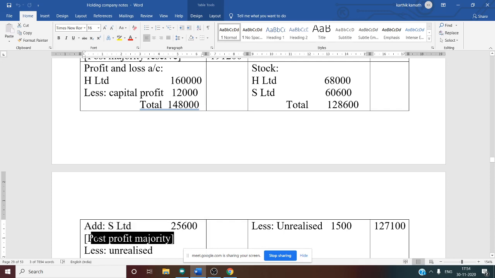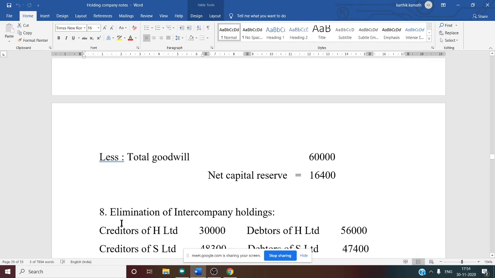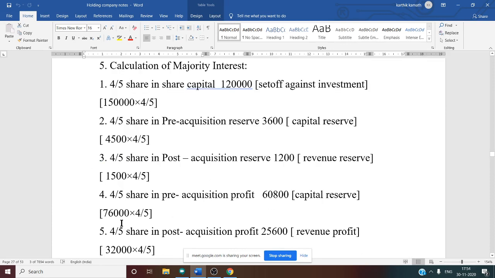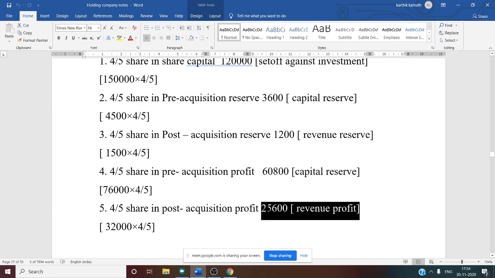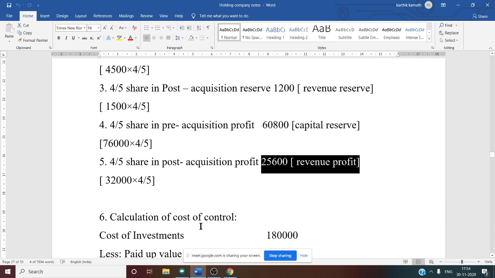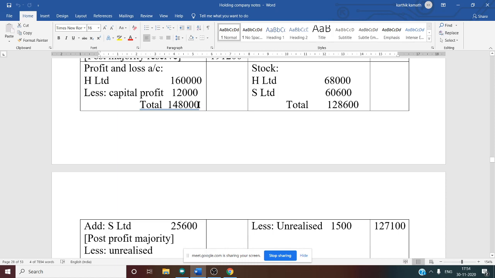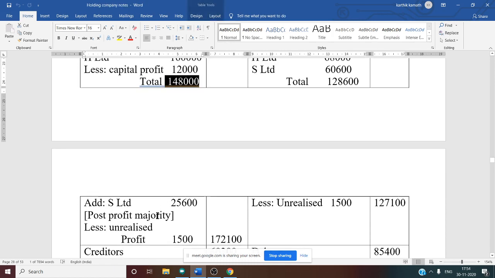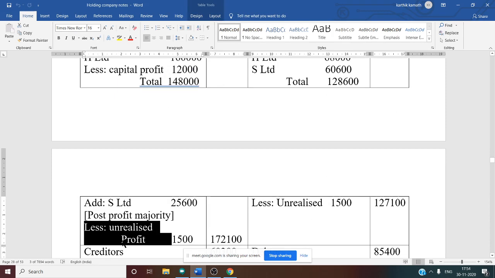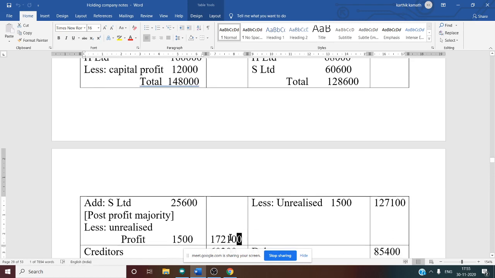We have to see post profit of majority in the majority interest working note. Wherever you have written revenue profit, that information you take for subsidiary company, that is 25,600. Add this to 1,48,000. From that you have to deduct unrealized profit also, two-way deduction I have already told, that is 1,500. So final profit and loss balance is 1,72,100.